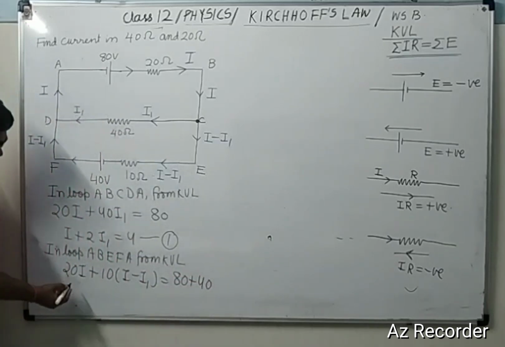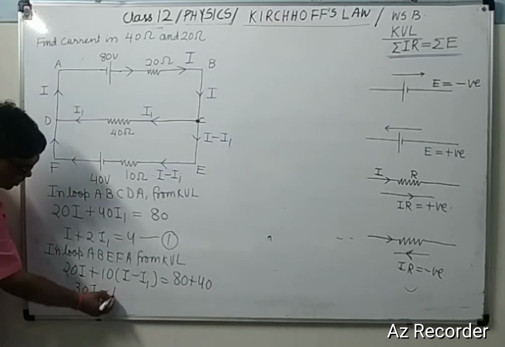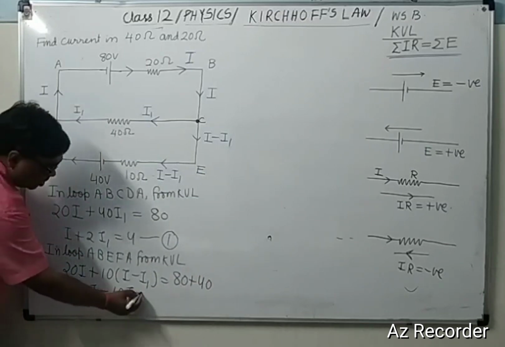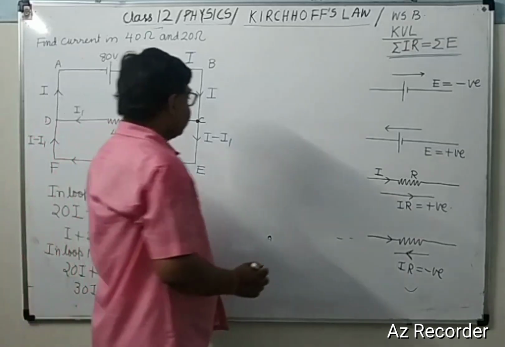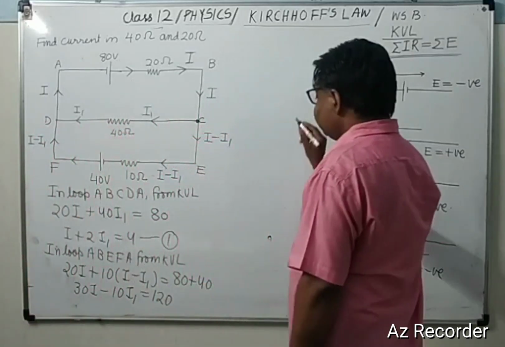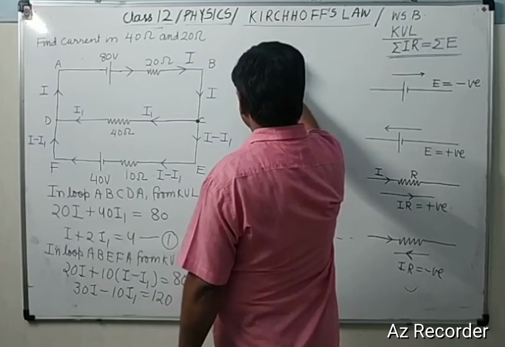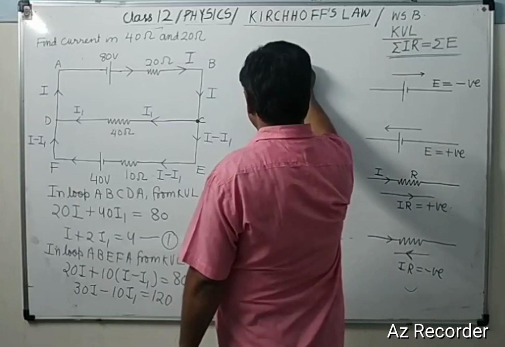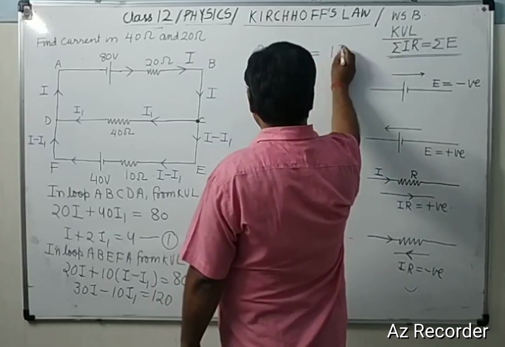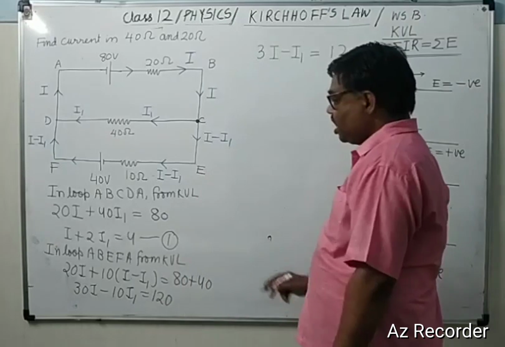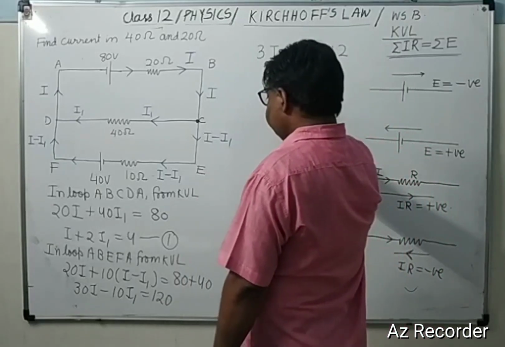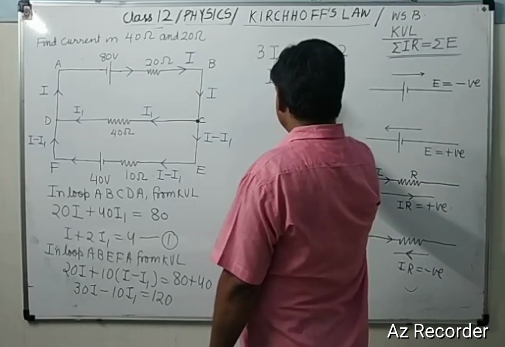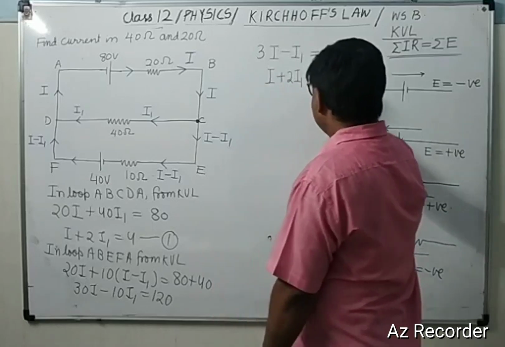When you simplify, it will be 30I minus 10I1 equals 120. On cancelling by 10, you will get 3I minus I1 equals 12. This is one equation. Another equation is I plus 2I1 equals 4.